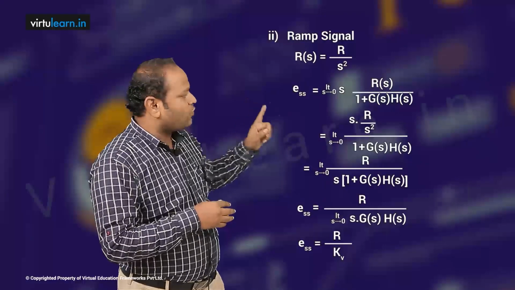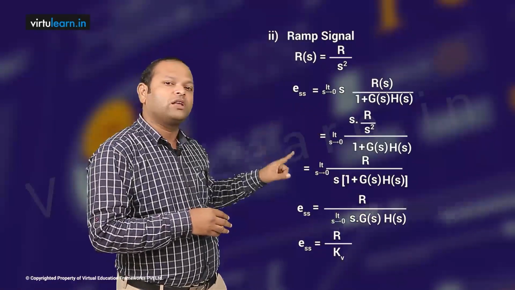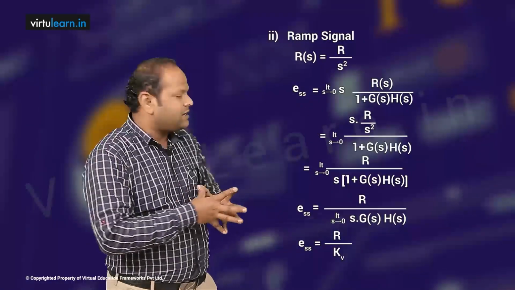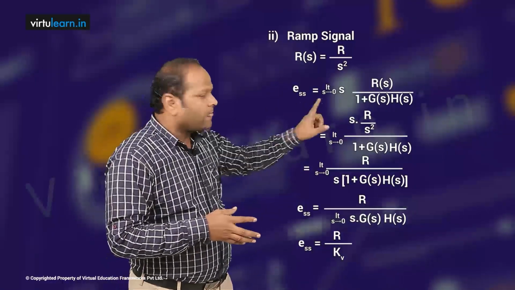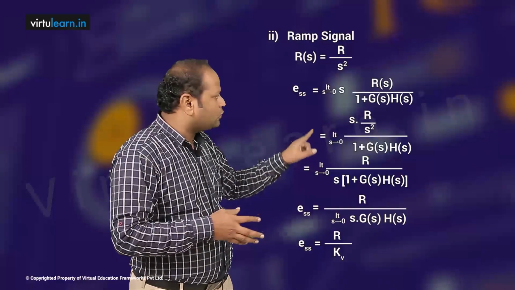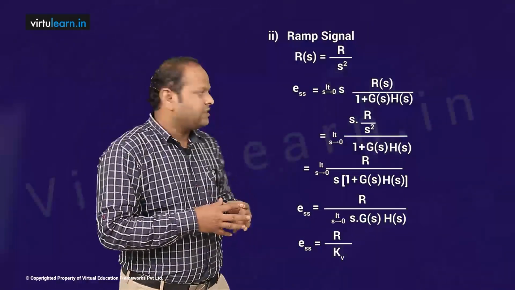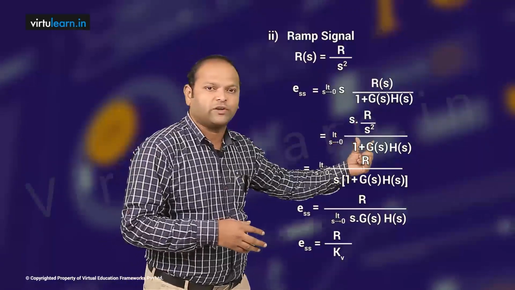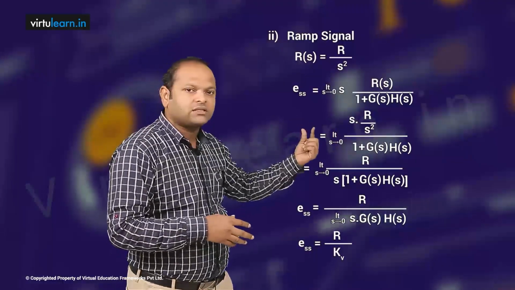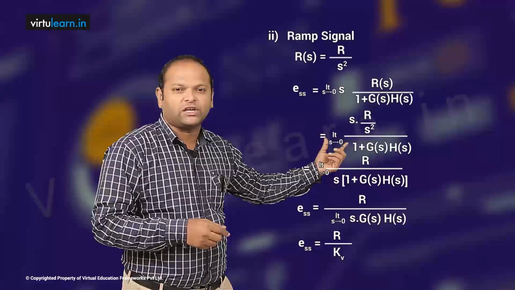Then we can cancel one s with one s, and still one more s is there in the denominator. Then it results in ESS equal to limit s tends to 0 of R divided by s into 1 plus GH of s. If you multiply s in the denominator, you will get s plus s into GH of s. If you apply the limit to the first s, it is going to be 0.